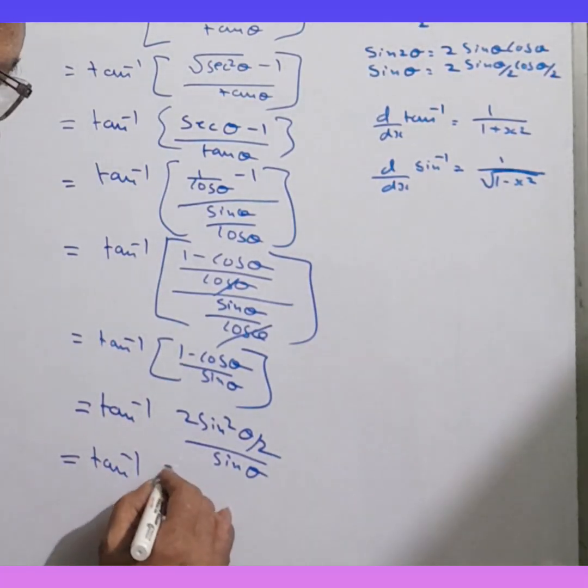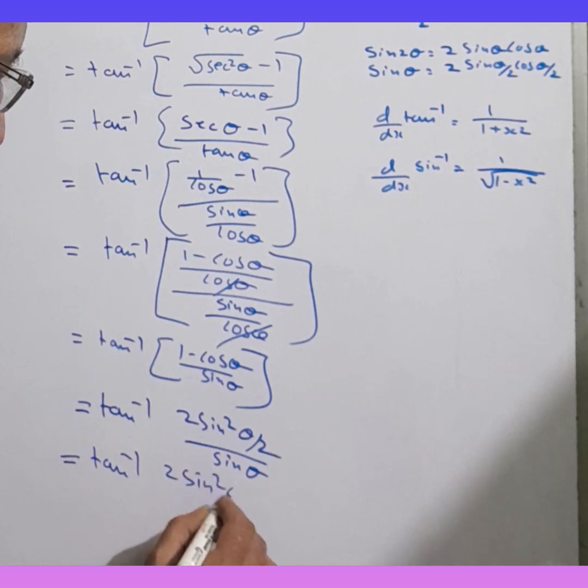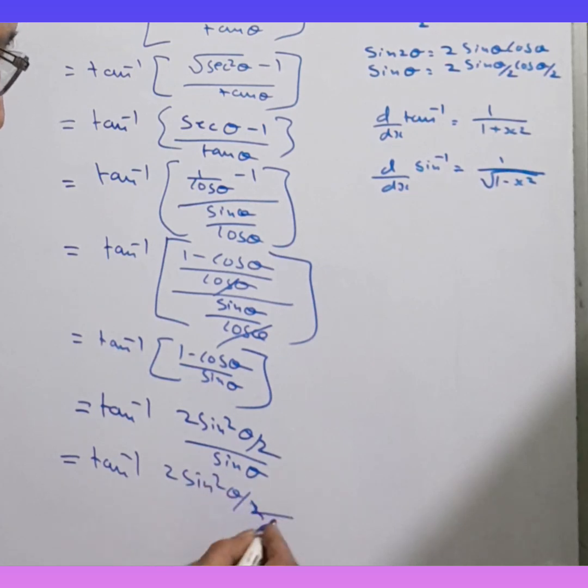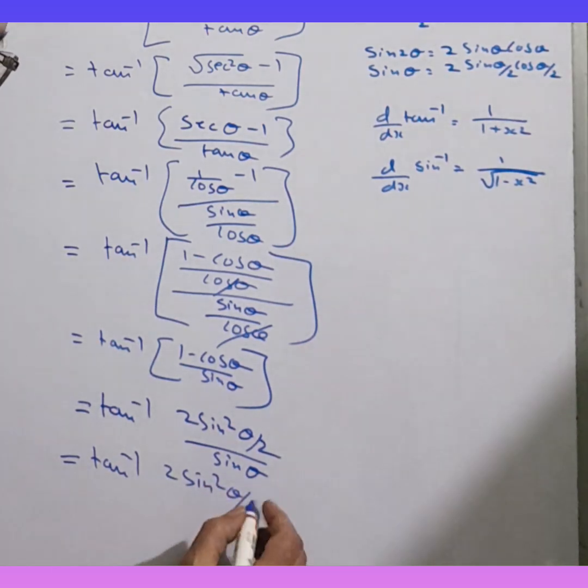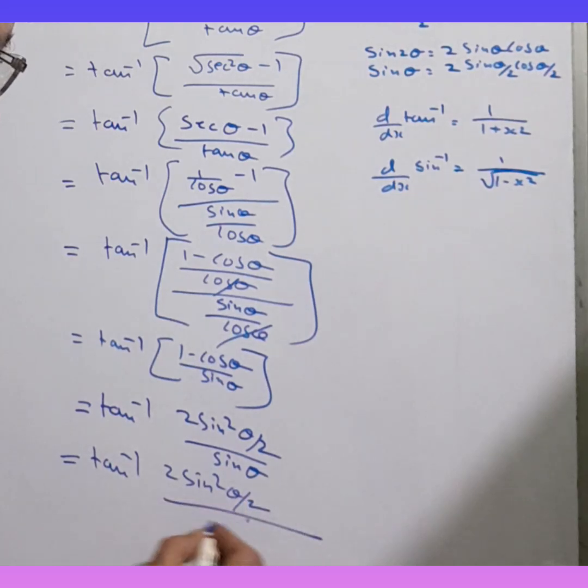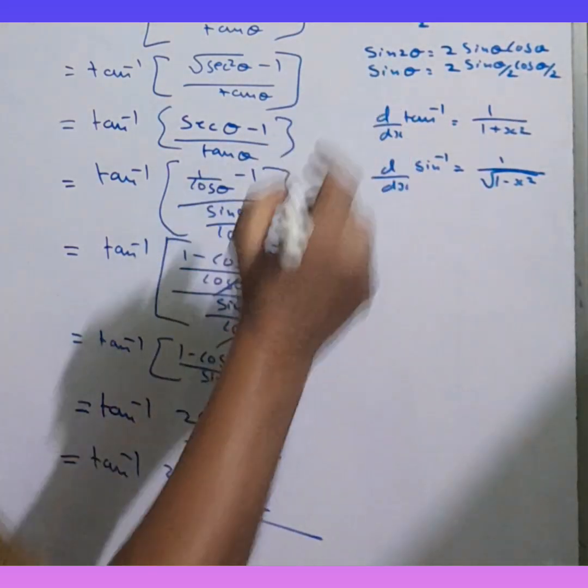Tan inverse of 2 sine square theta by 2, divided by 2 sine theta.